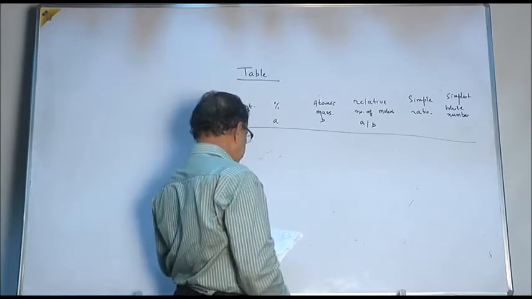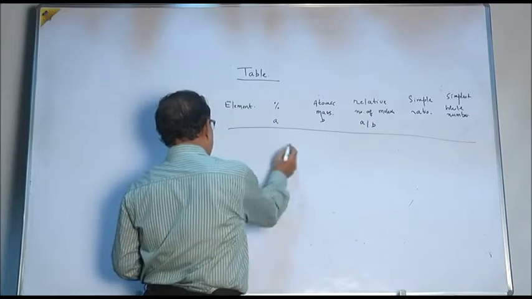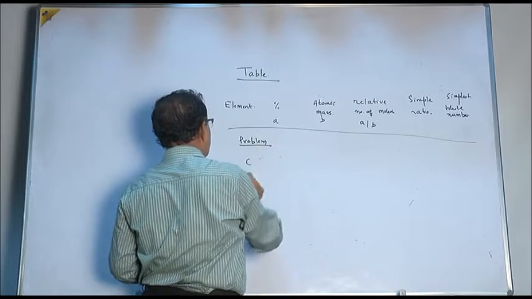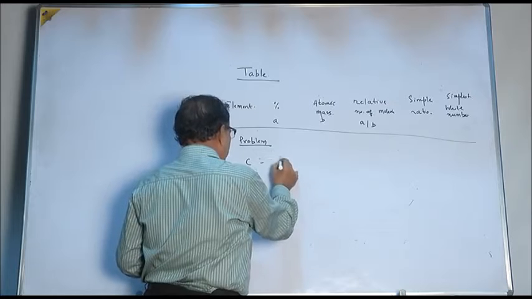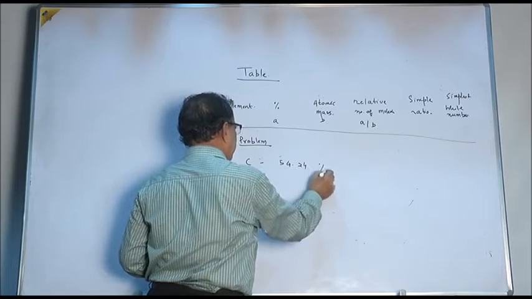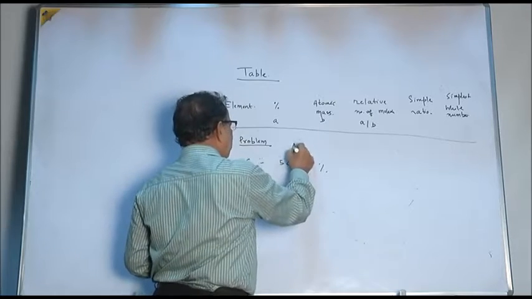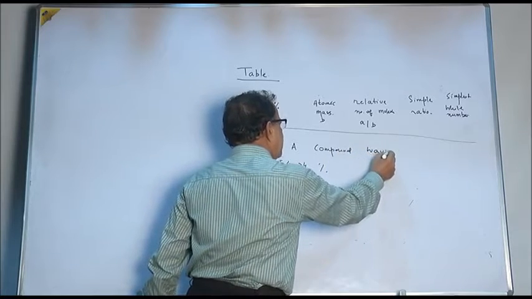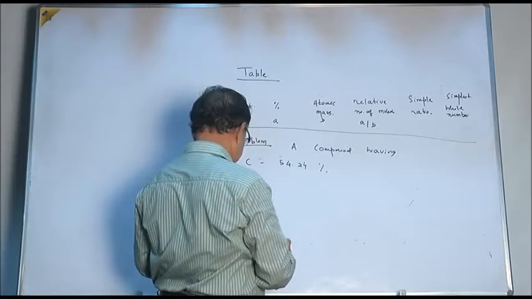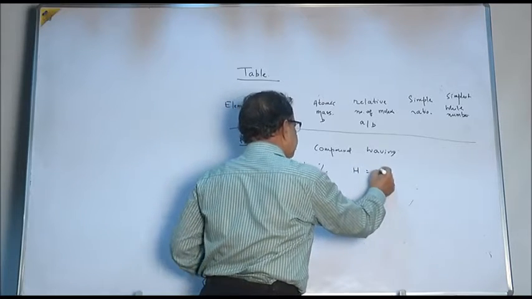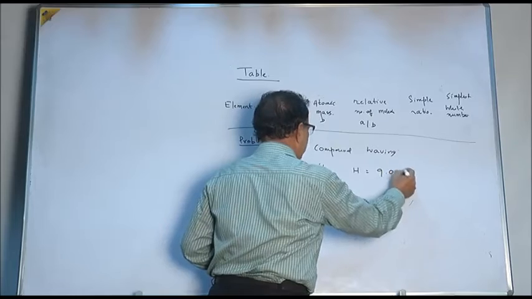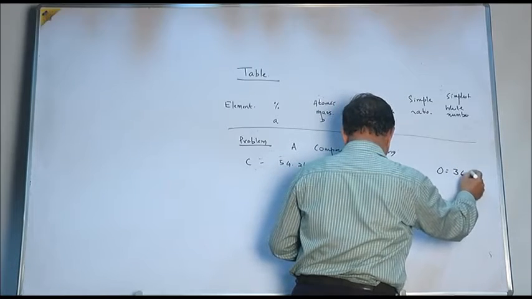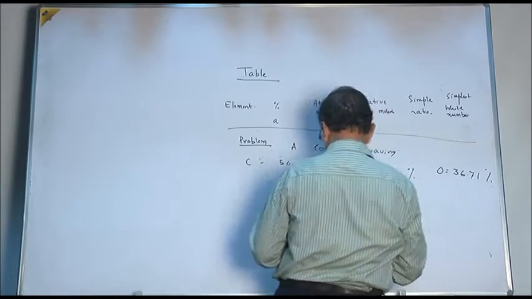Let us take a question. Suppose a compound is given to you having carbon 54.24%, hydrogen 9.05%, and oxygen 36.71%.